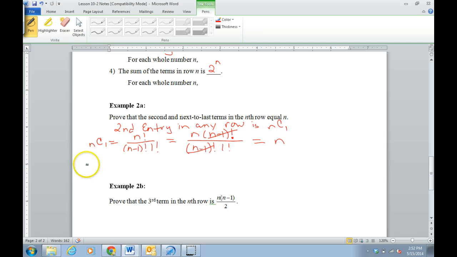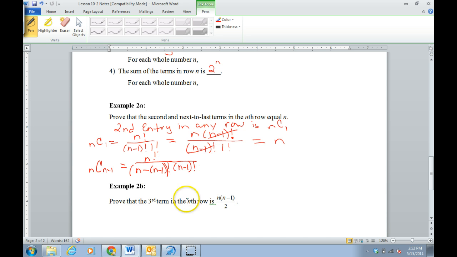Now I can also prove that the next to last number in every row is n. I can do that by doing this. It's going to be n factorial, and then notice I'm always taking the n minus the n minus 1, so it'll be n minus 1 factorial, and then I can have n minus 1 factorial.